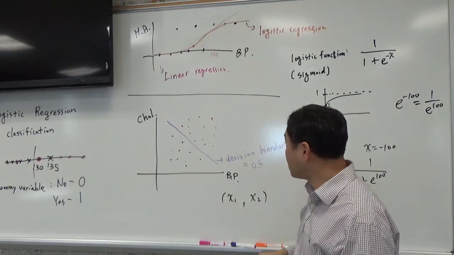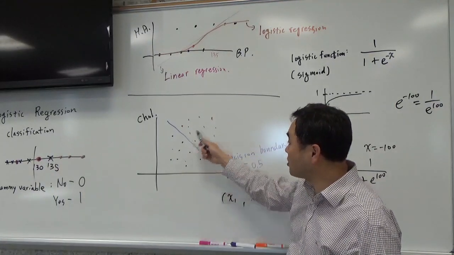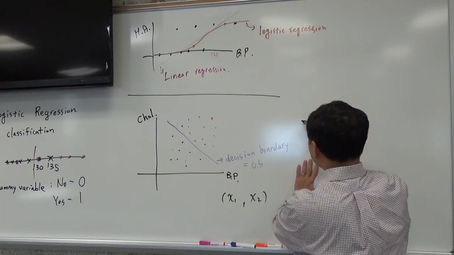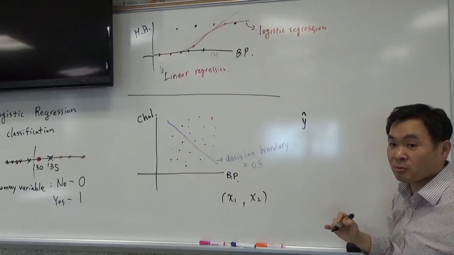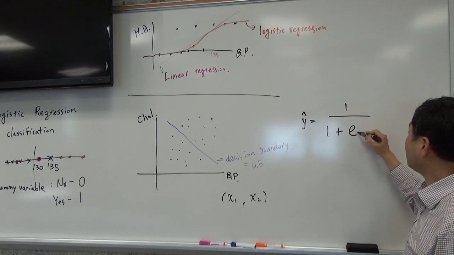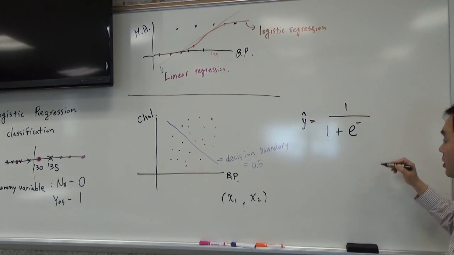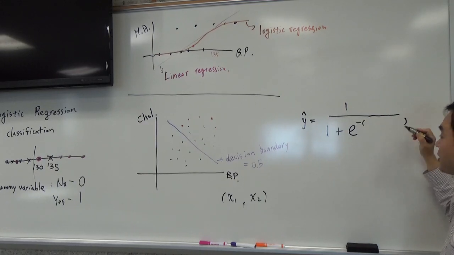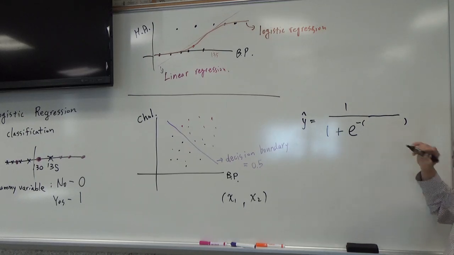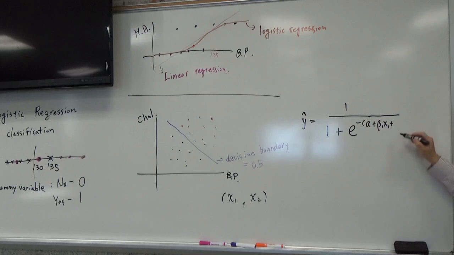Okay, so the logistic regression formula that would determine this using the two predictors will look like the following. The predicted probability is given by 1 over 1 plus e to the negative, and what goes in here is similar to the multiple linear regression formula: a plus beta 1 x1 plus beta 2 x2.